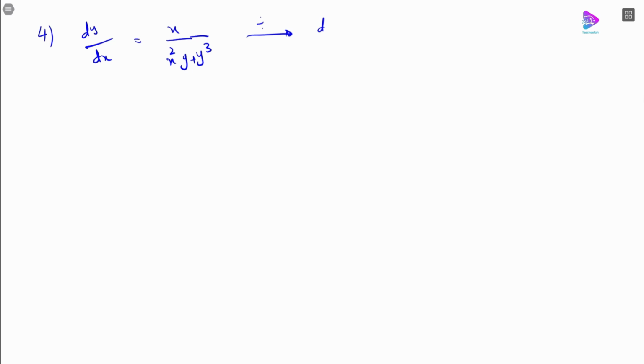Basically we take the reciprocal, so it would be dx/dy = y³/x + xy, or I can open this up further, just multiply by x. We get x dx/dy - x² = y³.